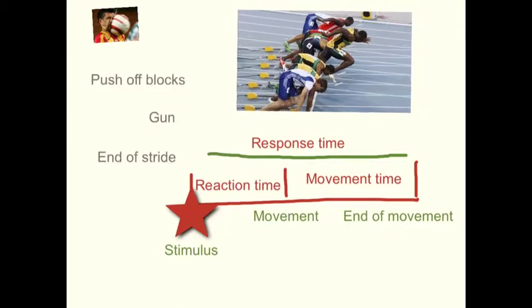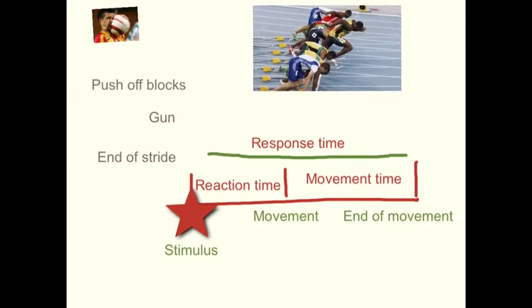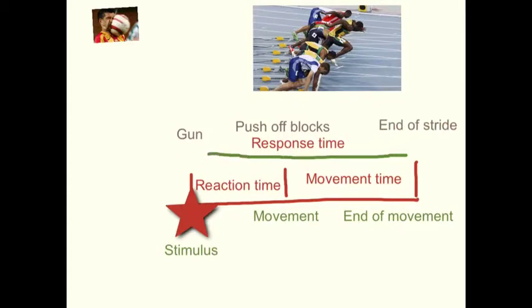So let's just drop these words in here on the graph. We've got our gun, there's the start of presentation of our stimulus, we have the push off the blocks is the movement, and then the end of the movement would be the end of the stride. Put all of those together, what we have is response time.